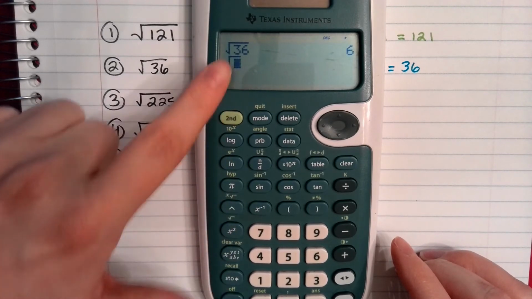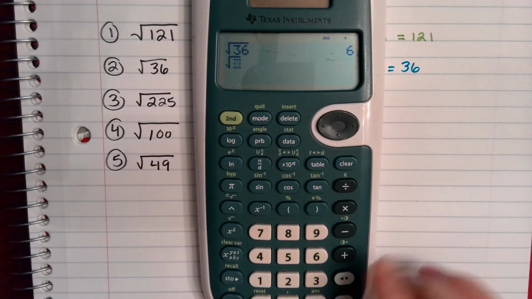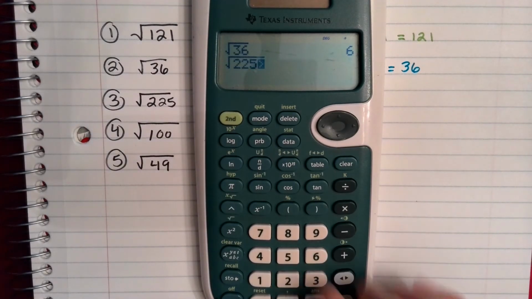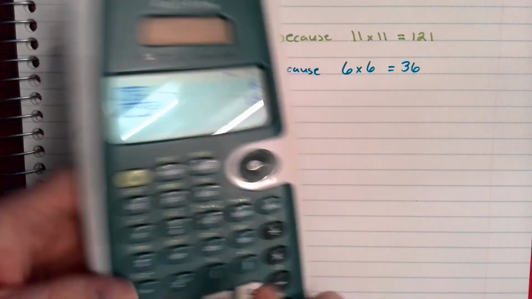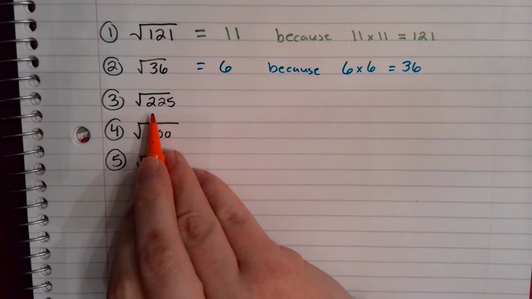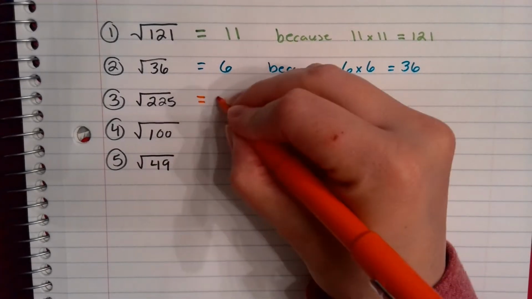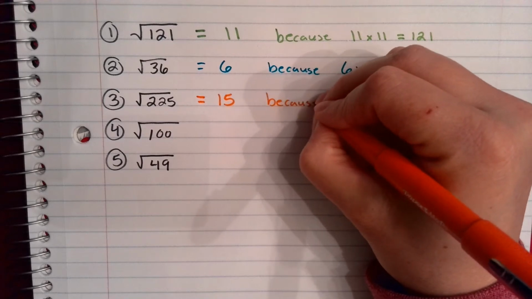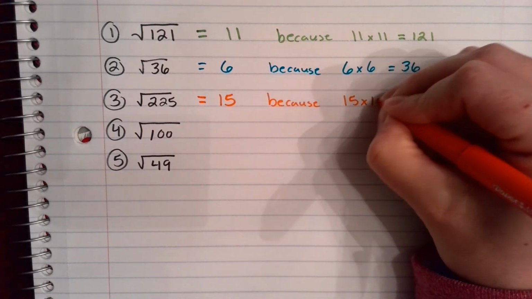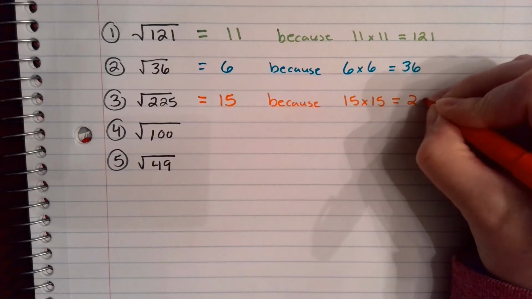You'll see the square root sign and a little box inside flashing. And you're just going to type in 225, hit enter, and there's your answer, 15. So we know that the square root of 225 is equal to 15 because 15 times 15 is equal to 225.